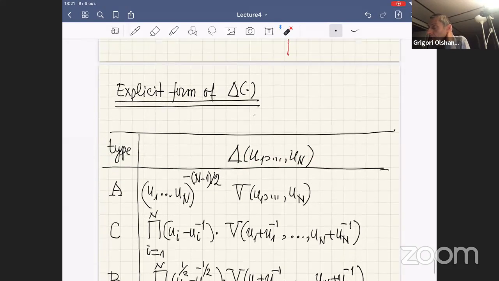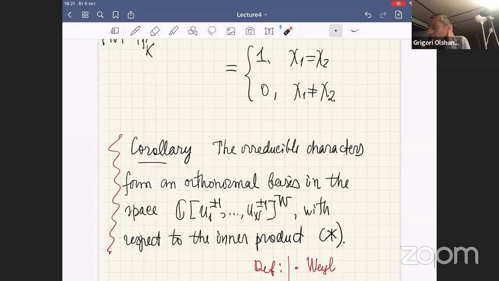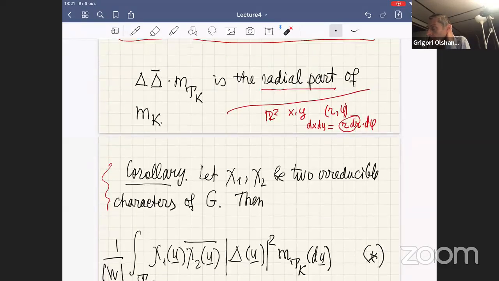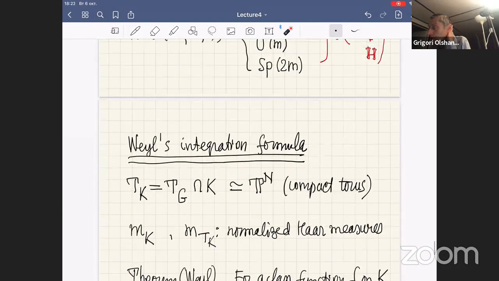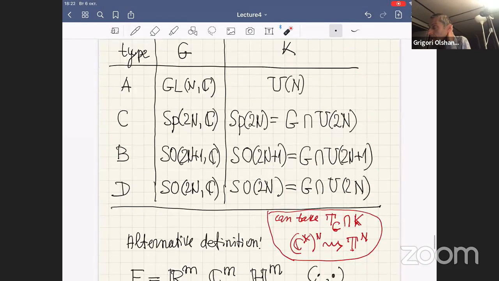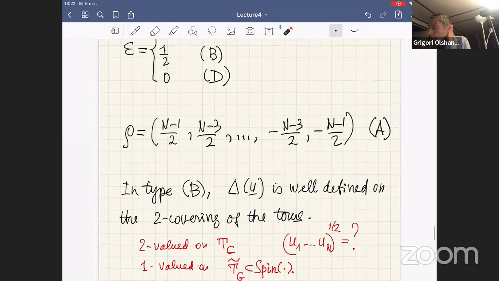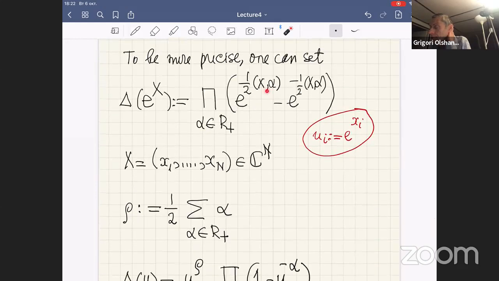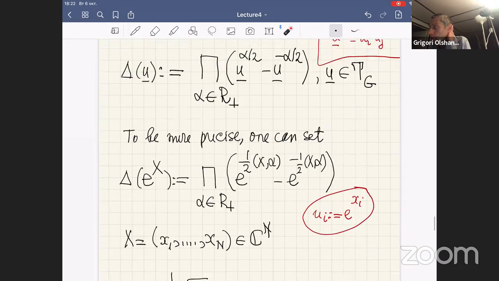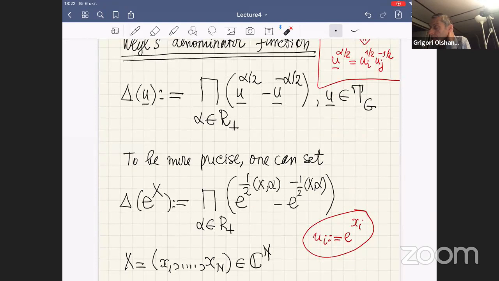So for people who like only the general theory, for them this delta, the Weyl denominator, they memorize only this definition, or this one, if you want. For these people, they think only in this form. Okay? It's good. It's quite reasonable.